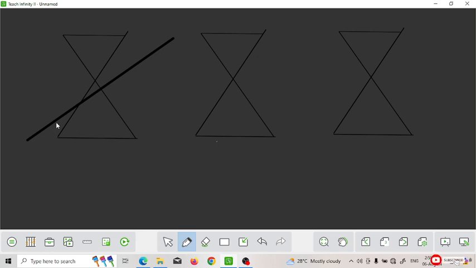This is the cutting plane, which cuts the double circular cone at different angles. These are the axis.